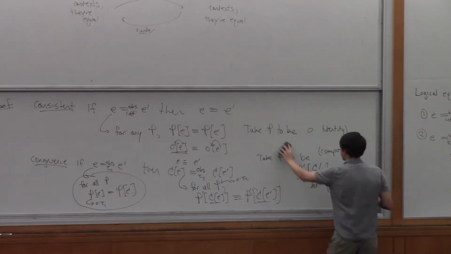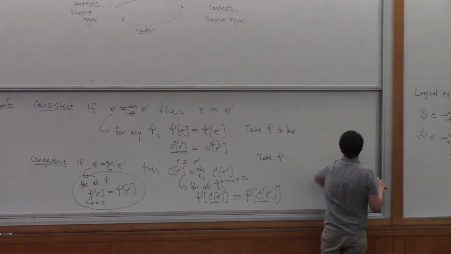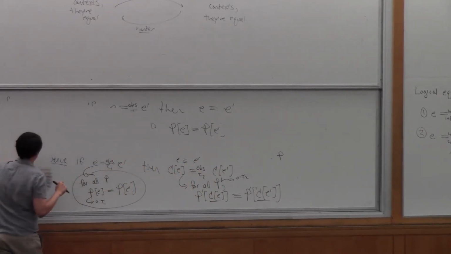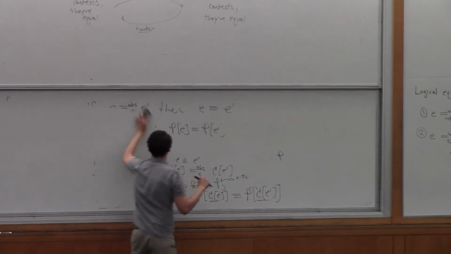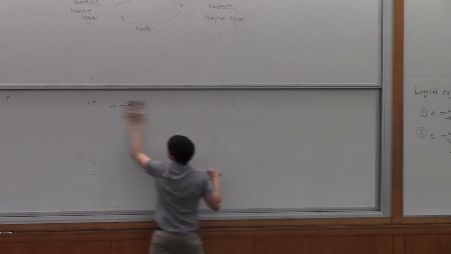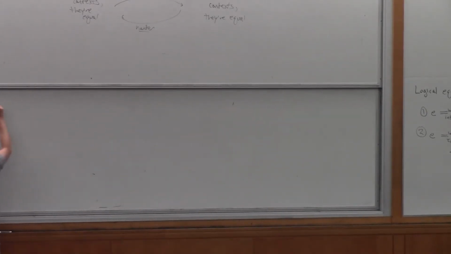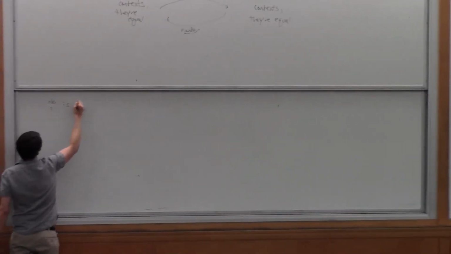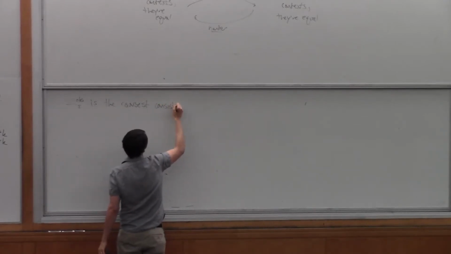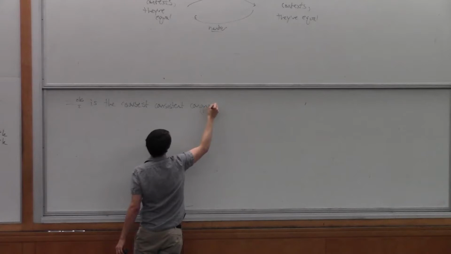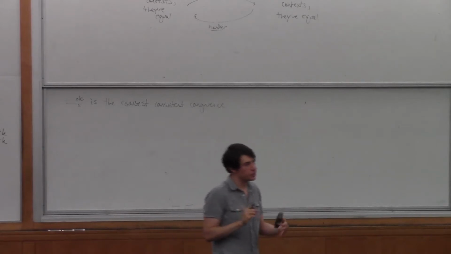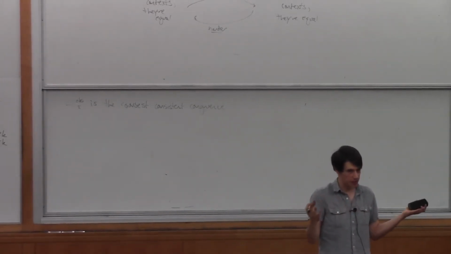Well, what do we know about observational equivalence? Remember, observational equivalence is the coarsest consistent congruence. So what can we show in order to know that logical equivalence implies observational equivalence?